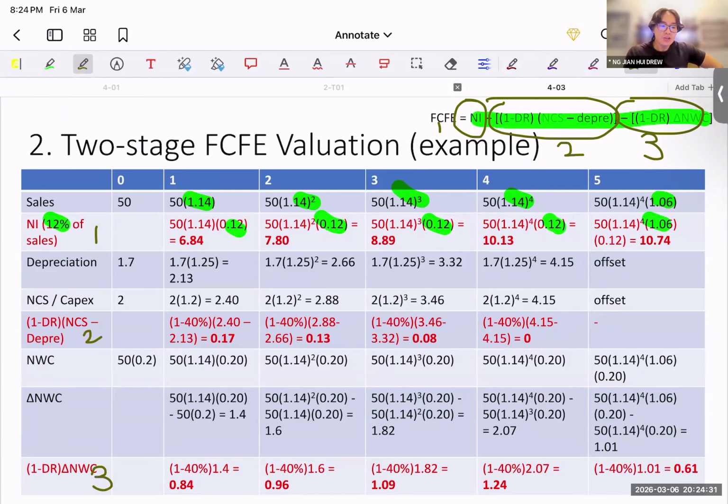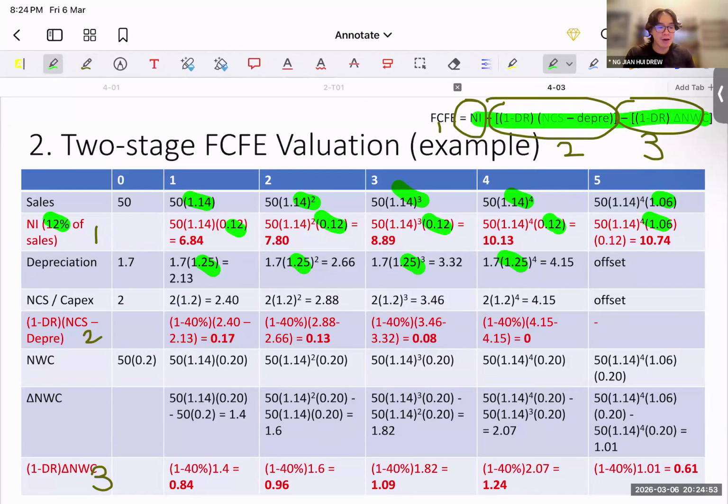So component 1, net income, we have determined that. Now, component 2 is our NCS minus depreciation. The question is quite similar to our FCFF, where the depreciation is going to grow at a constant pace of 25%, and our NCS is going to grow at 20%, and then there's going to be some offset at the end, right? There's going to be an offset once it's at a normal pace.